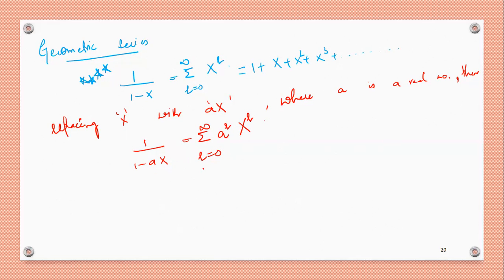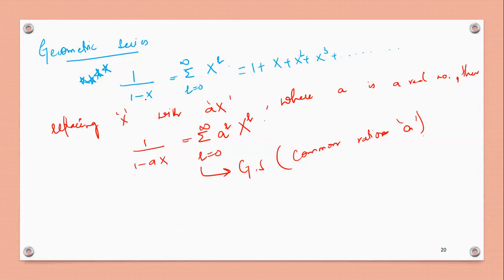This geometric series is with the common ratio a. So this is also a geometric series, but here the common ratio is a. Okay, 1 by 1 minus ax, sigma r is equal to 0 to infinity a power r x power r.